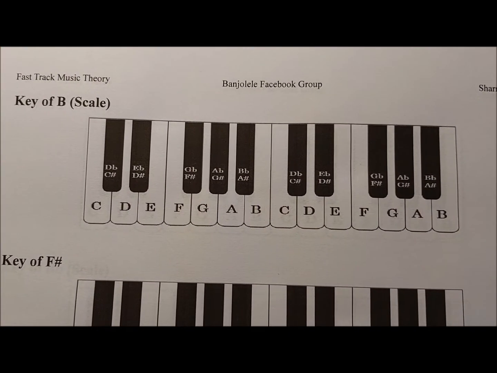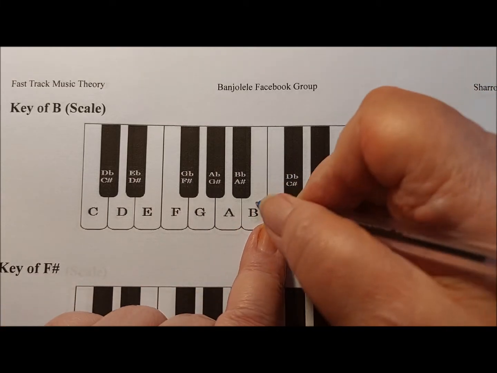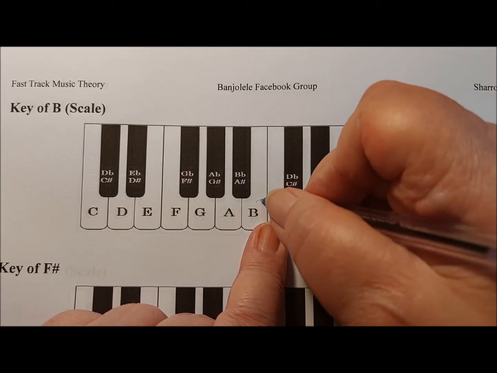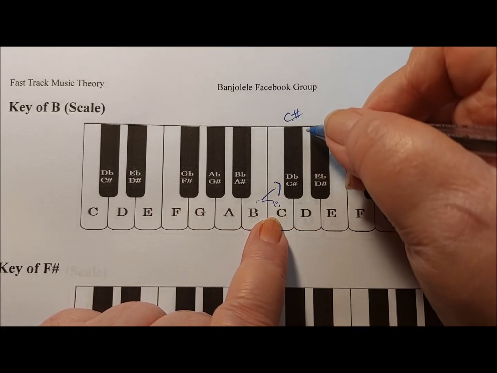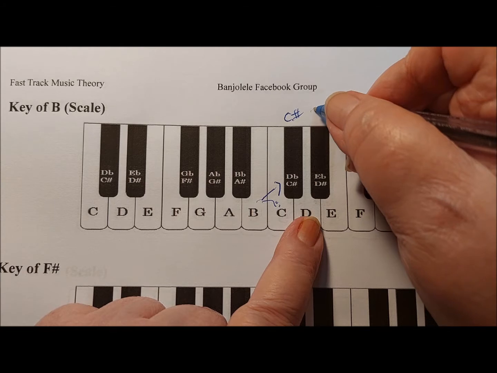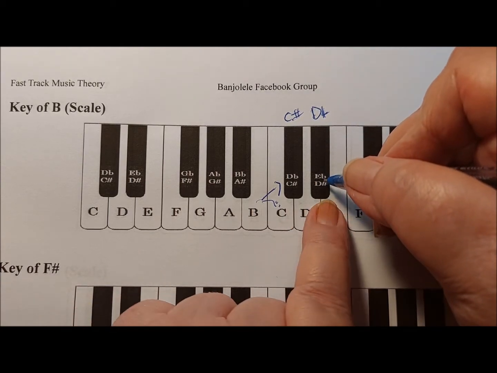Okay, key of B. So we're starting at B. B to C, right away we have the problem because it's a half, so we have to go to C sharp, whole step, that's a D sharp, half step.